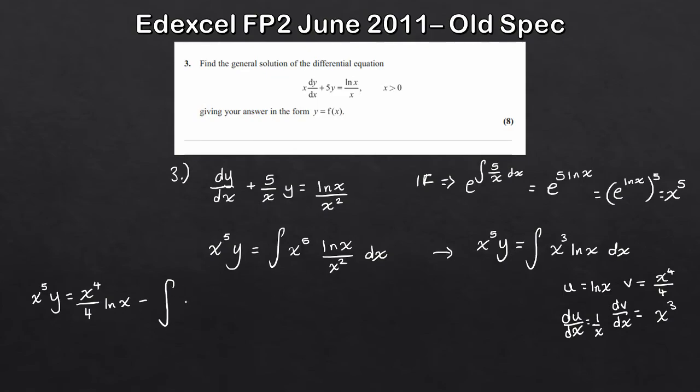So v is x to the 4 over 4, so x to the 4 over 4 times 1 over x, dx. Well, this would simplify now to give you x cubed over 4. So this is x cubed over 4. So just right underneath x cubed over 4. Well, the integral of x cubed over 4, so you add 1 to the power, divide by the new power, so that'll be x to the 4 over 16.